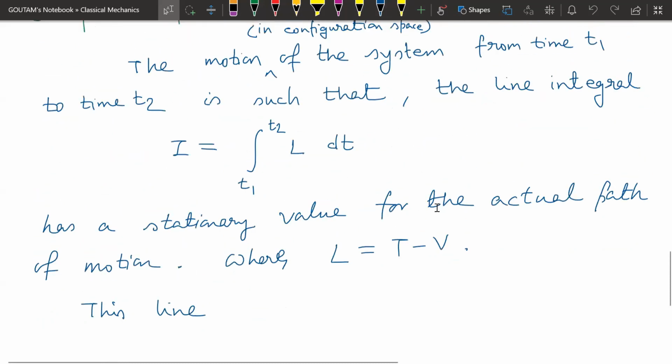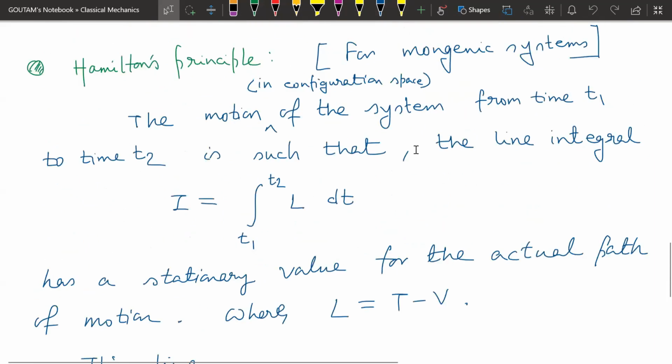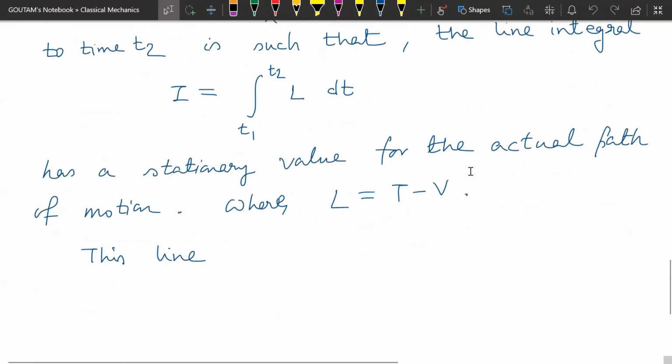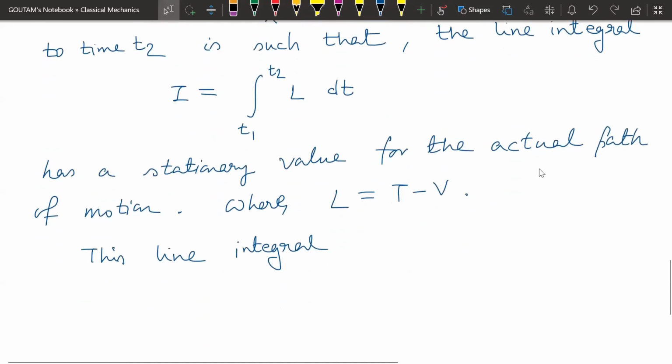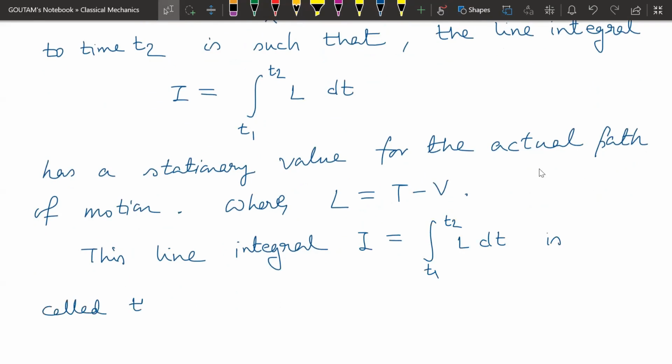So let's first discuss this line integral. This line integral I equals the integral from t1 to t2 of L dt, and it is called the action or action integral.